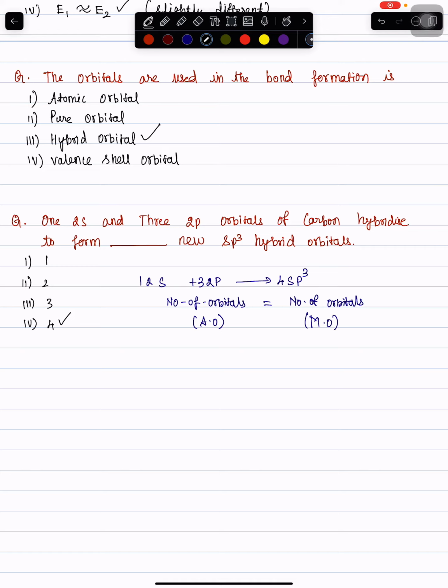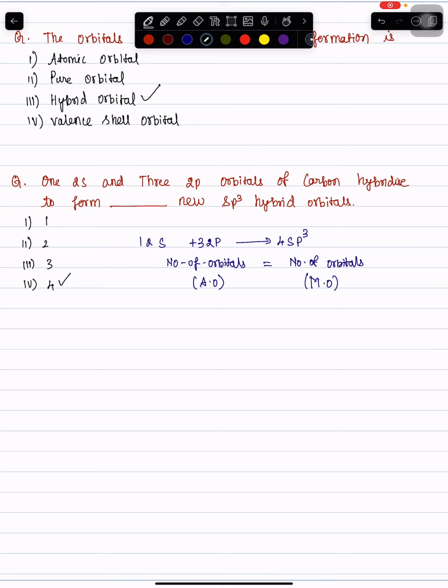In detail, let's go to the carbon atom. Atomic number 6. The configuration is 1s2, 2s2 and 2p2. This is the ground state configuration of the carbon atom. I'm picking the valence shell configuration, 2s2 and 2p2.